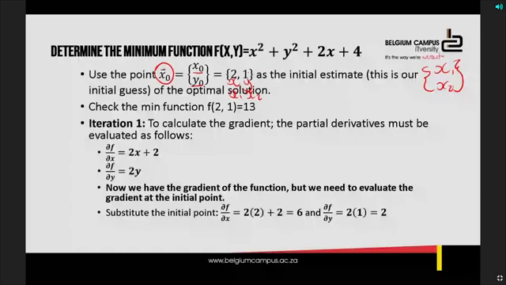The reason I do this is we want to know what happens to our z value. If you are looking for a minimum, then you want this z value to decrease. If you're looking for a maximum, you want this z value to increase. It's an easier way to check if you are actually following the correct path.